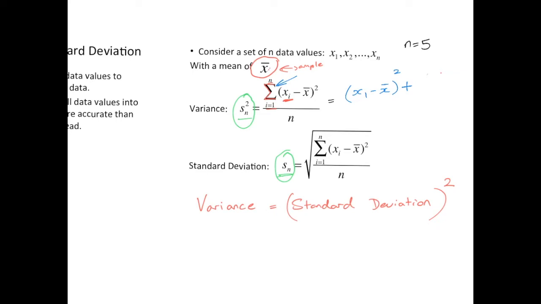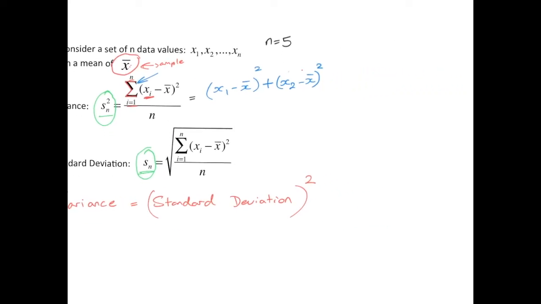Everyone okay? Plus x2 minus the mean, all squared. So I'll move this around. Plus, what's next? Yep. You know what? I'm just going to make this 3 now, just to make life a bit easier. Is that all right?